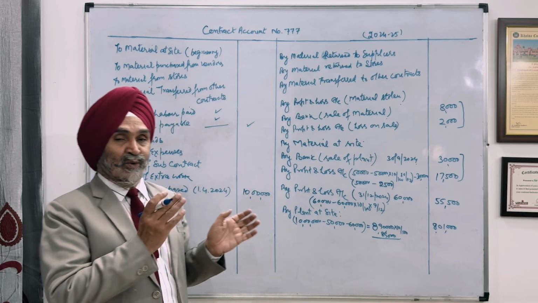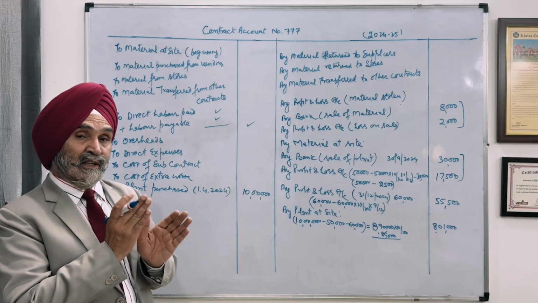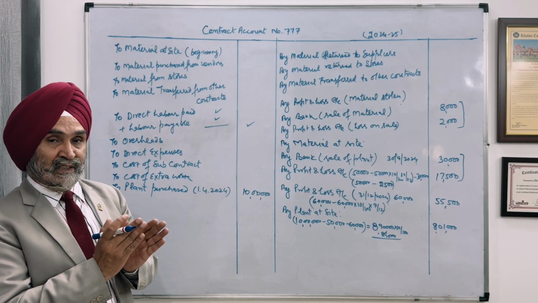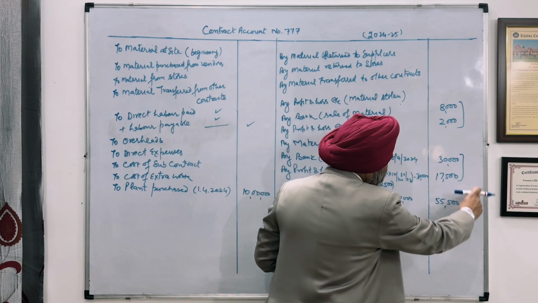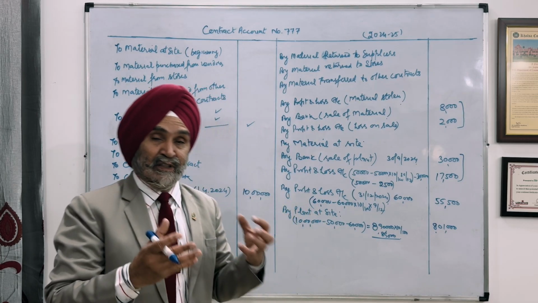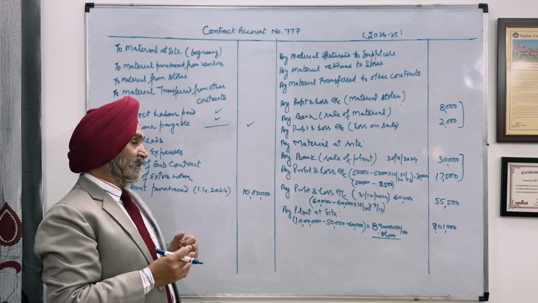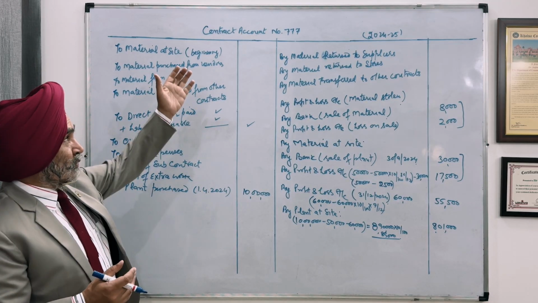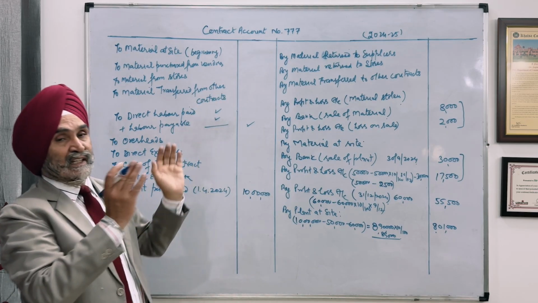So this is how we are to record the depreciation, but the way of recording the depreciation is different. So 10 lakh minus these values is the depreciation of the plant which was used on contract number 777 during the year.